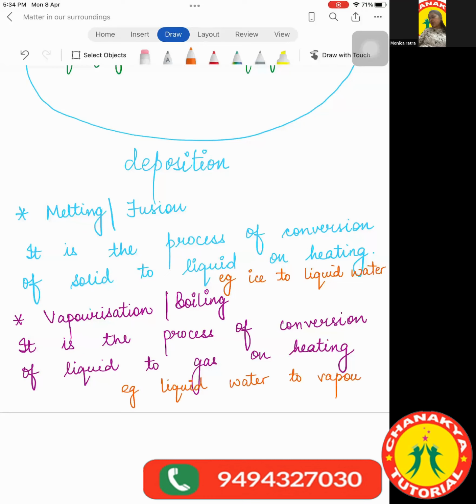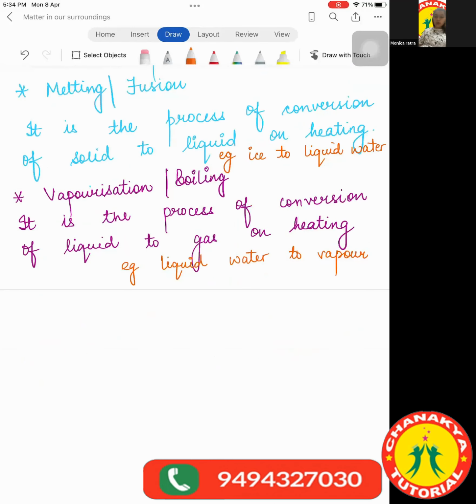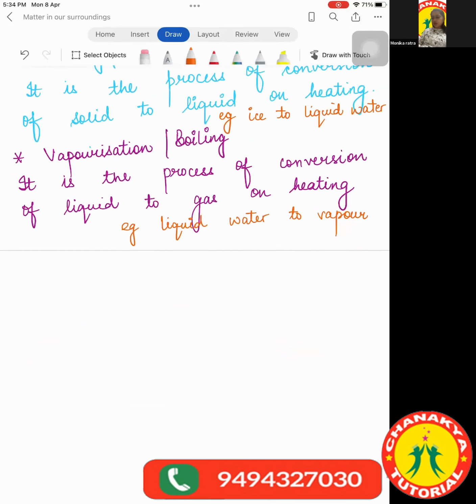Children, an important point I would like to mention over here about the difference between what are gases or vapors, right? Do make a note of this. So we call any gas as vapor when, or any substance, I would say, as vapor when it is capable of getting converted into the gaseous state.